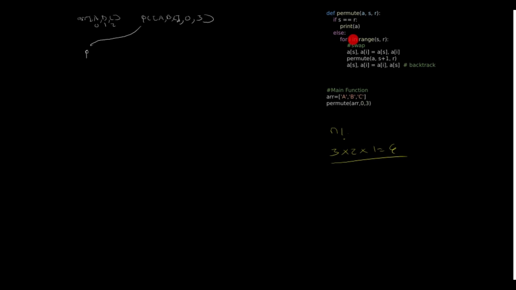Let me quickly explain the code. We're in the function. We don't reach our base case, since 0 is not equal to 3. So we try to swap S and I, but here we can't swap because I is 0 and S is 0.